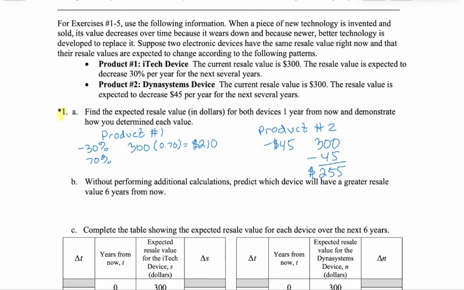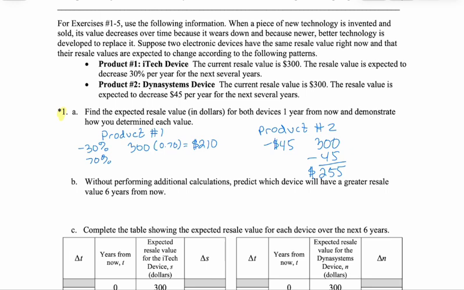Okay, so now we've done that. It says, without performing additional calculations, predict which device will have a greater resale value 6 years from now. Well, what do you guys think? Based upon what we got so far, which one is going to have a better value after 6 years?